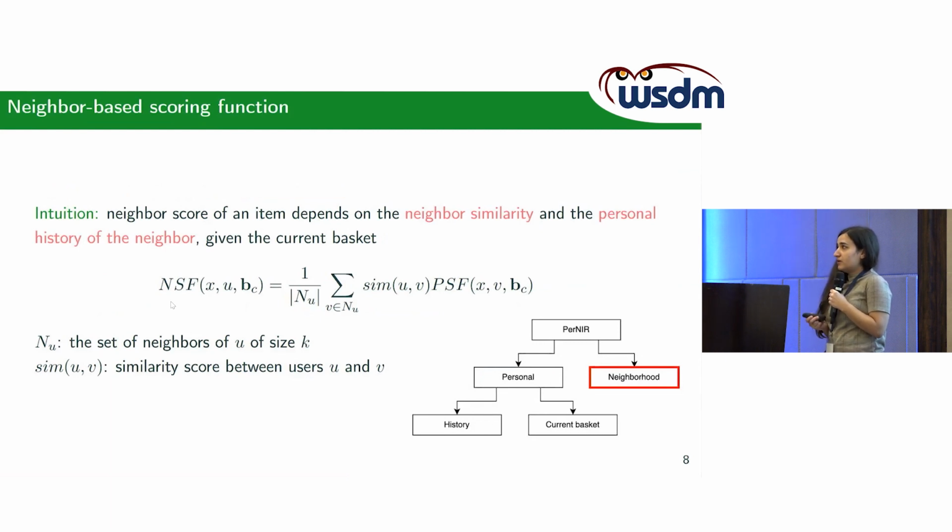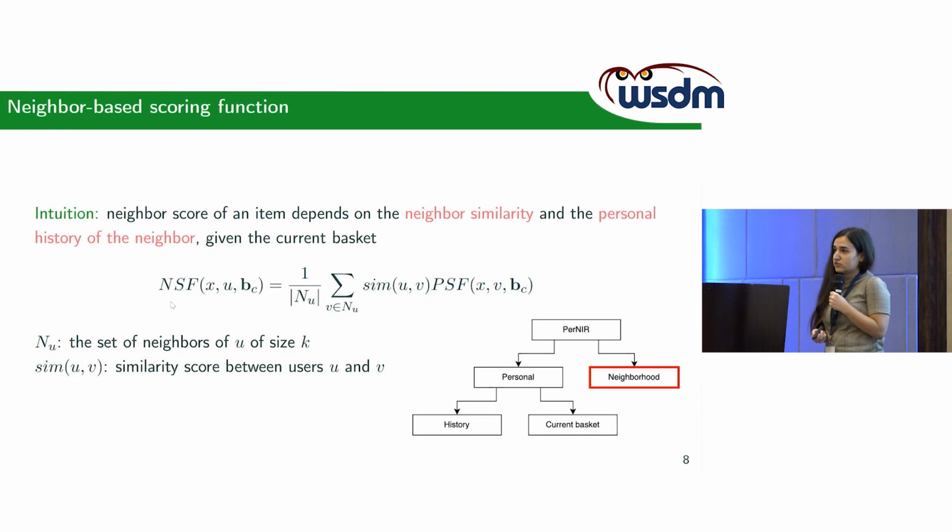For a given candidate item, the score of this neighborhood-based scoring function is a weighted average of how the neighbors of our target user would compute the personal score for this item, given the current basket.